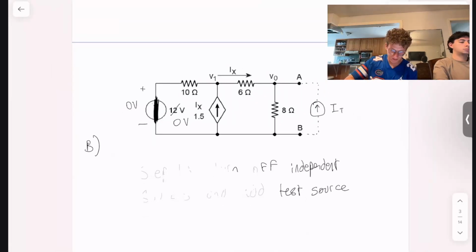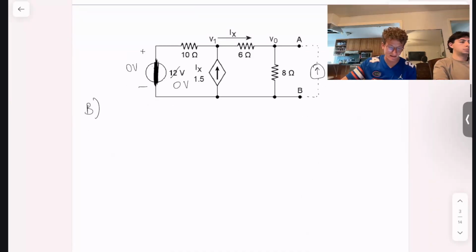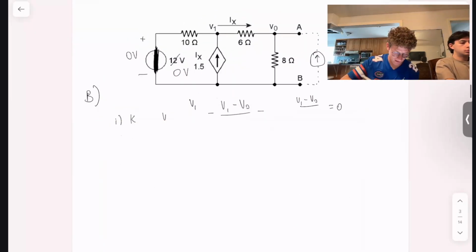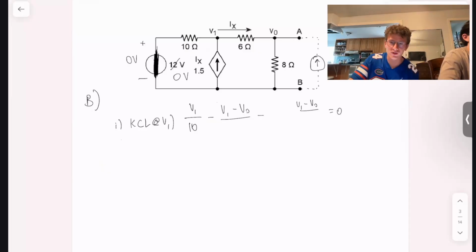So we'll once again begin with nodal analysis, KCL at V1. You get V1 across this 10 ohm resistor to ground now, because this voltage source is shorted. And then you add V1 minus VO over this 6 ohm resistor.